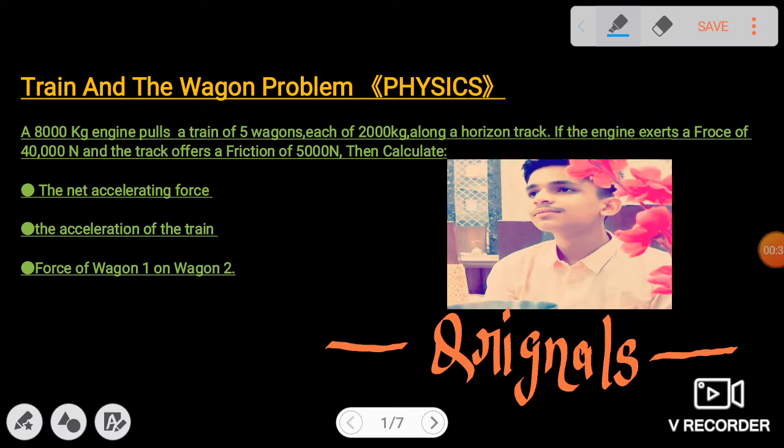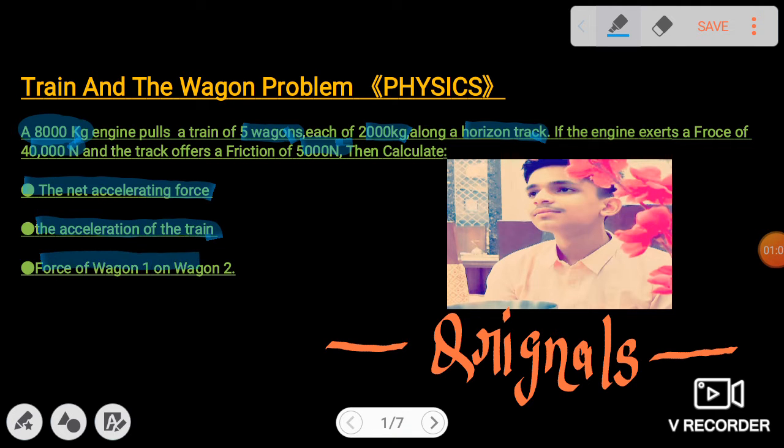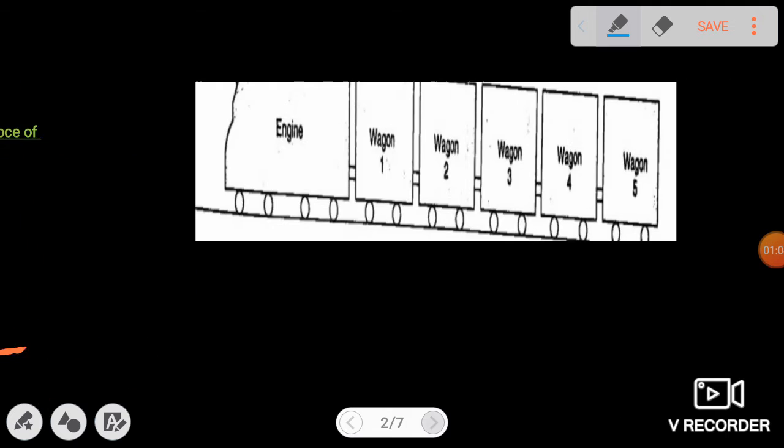So here an 8,000 kg engine pulls a train of 5 wagons, each of 2,000 kg, along a horizontal track. If the engine exerts a force of 40,000 Newton and the track offers a friction of 5,000 Newton, then we have to calculate the net accelerating force, the acceleration of the train, and the force of wagon 1 on wagon 2.